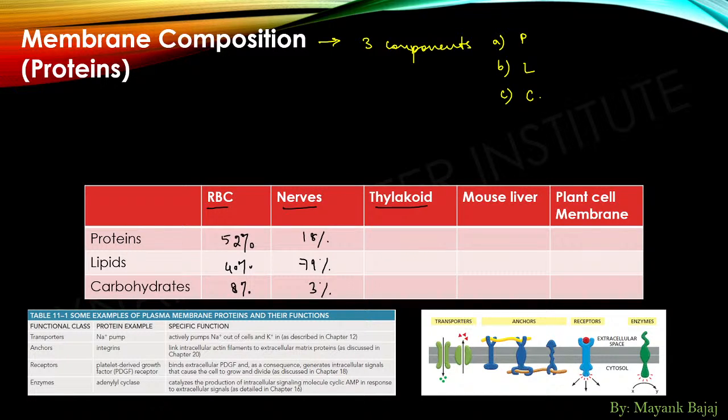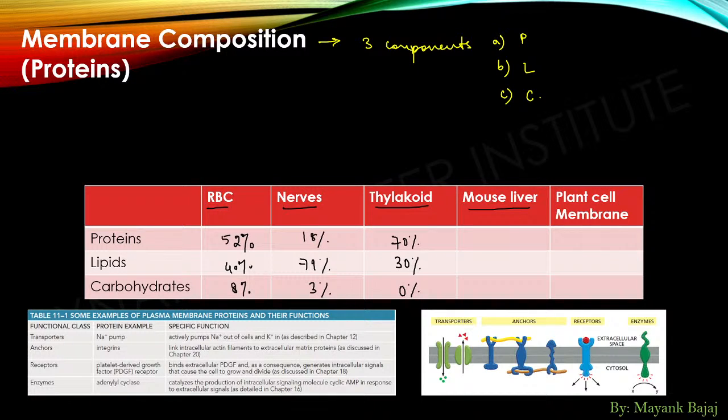Then we have the thylakoid membrane, which is in plants, right? In the thylakoid membrane, 70% is proteins, 30% is lipids, and 0% is carbohydrate. There are no carbohydrates, right?